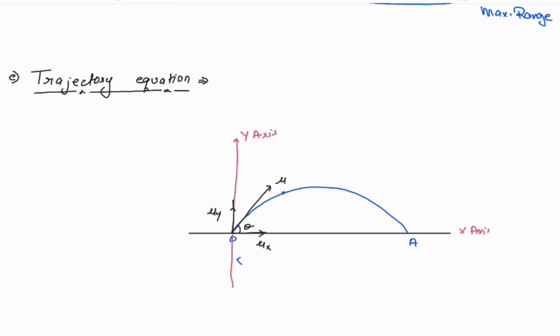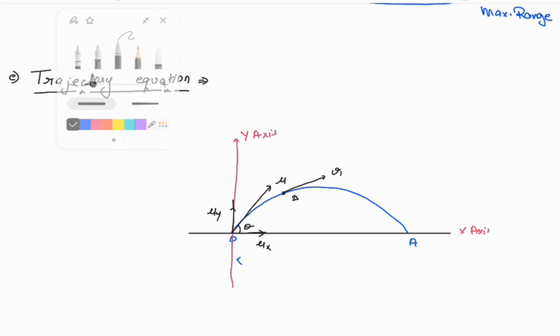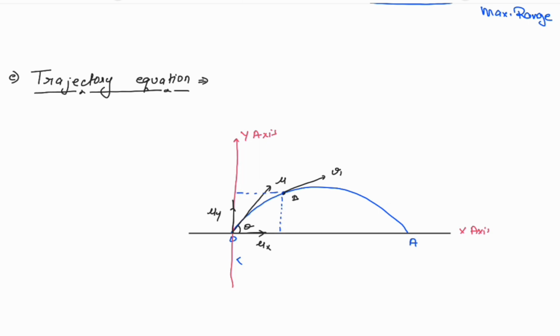Let us consider that after traveling a time t, the projectile is at this point B, with a velocity v1. When the projectile has reached point B, it has traveled this much distance along the x-axis and this much distance, y, along the y-axis.